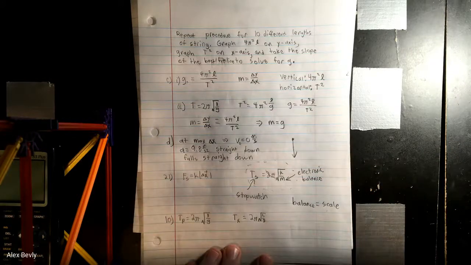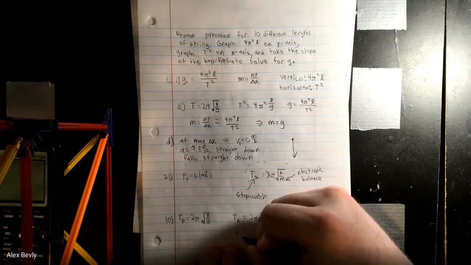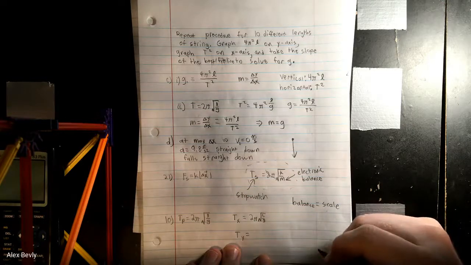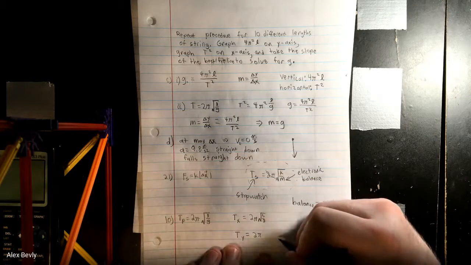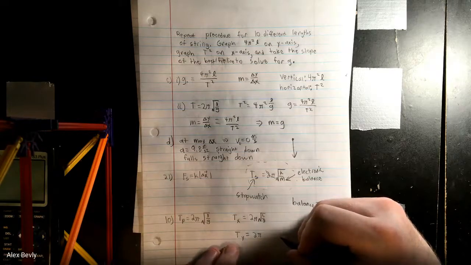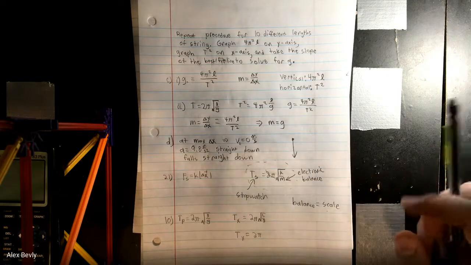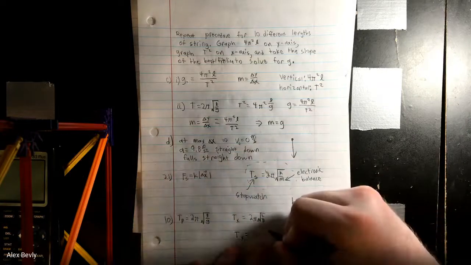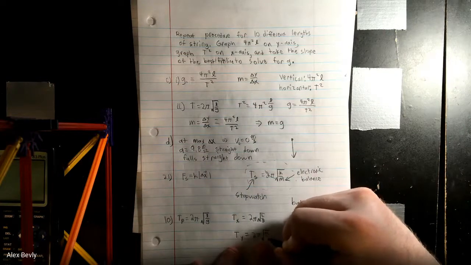What is the only thing student Y changes? Length. So that's the only thing that student Y changes. They have a length of 4L now divided by g.